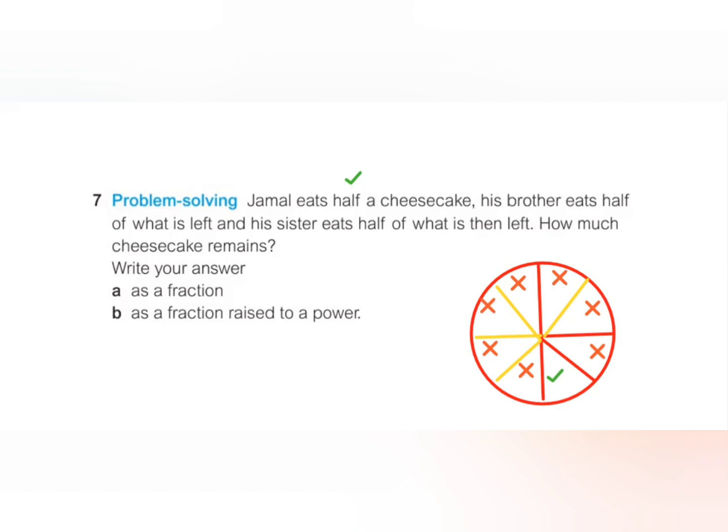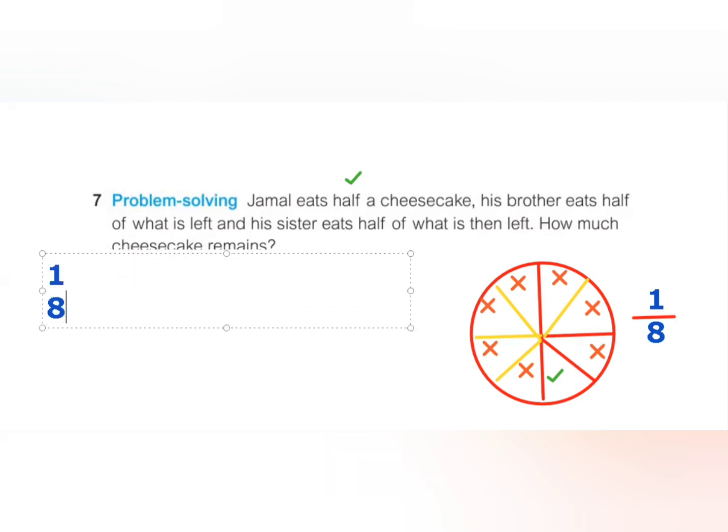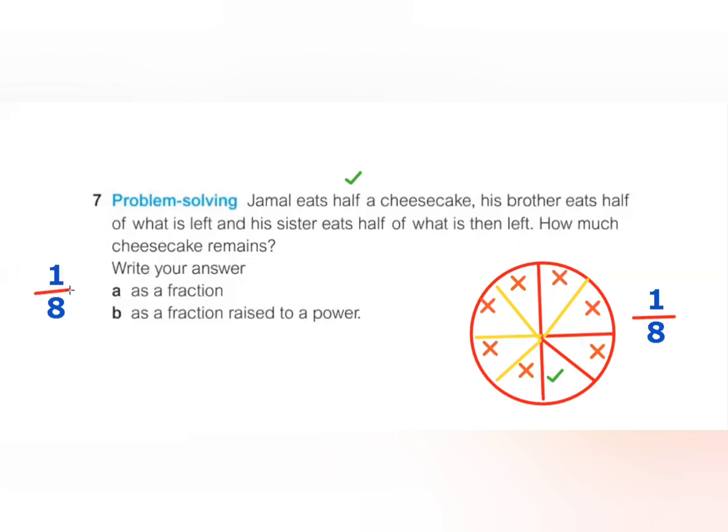When we write it as a fraction, it's going to be 1 over 8. Very good. So the fraction of the cheesecake which is left is 1 over 8. Now this is the answer as a fraction. So we write it 1 over 8, or 1/8 of the cheesecake.